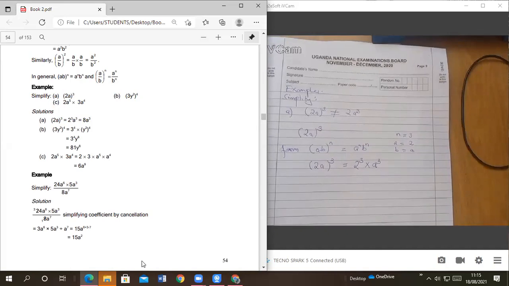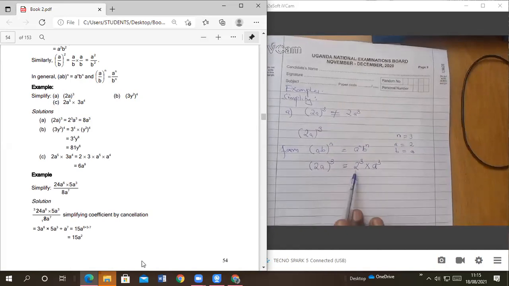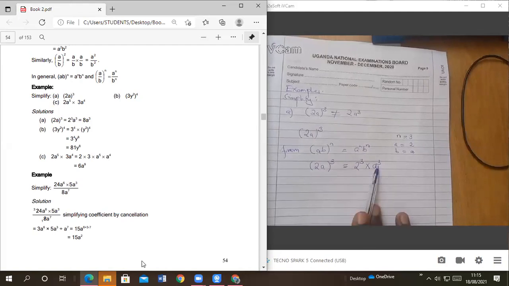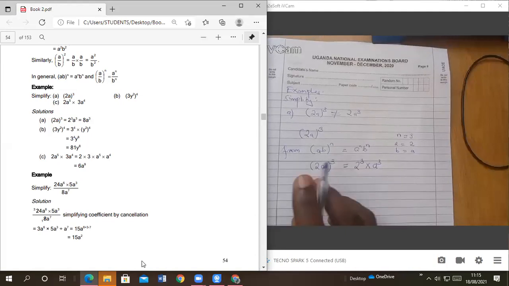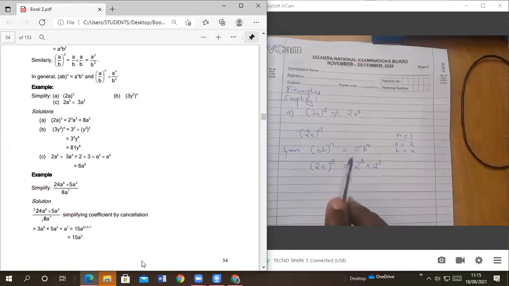Someone may ask, "Teacher, now we are multiplying. Can we multiply this using indices?" We cannot, because they don't have the same base. So we just multiply them normally. What is 2 to the power 3?